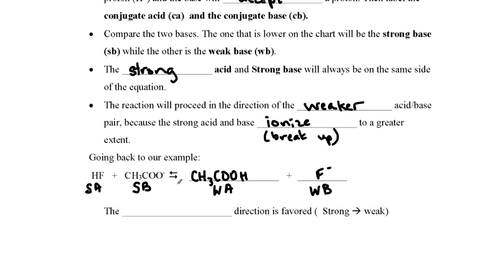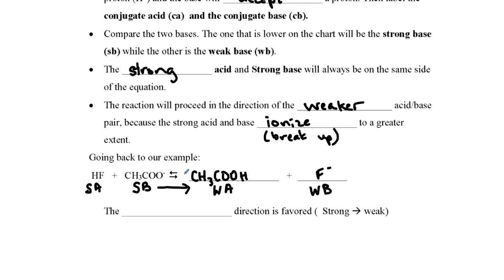So this is a reversible reaction, meaning it can happen in the forward and reverse directions. The forward direction is favored, okay, because strong acids and bases will ionize more, meaning they'll break up into their individual ions more so than a weak acid and a weak base.